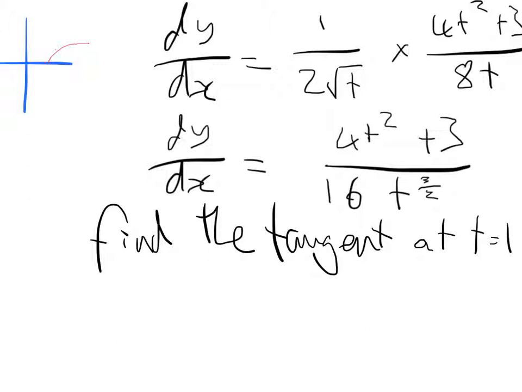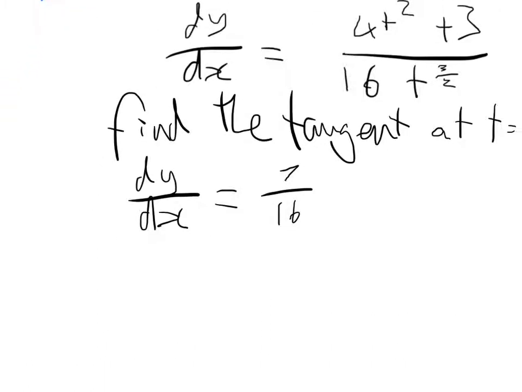We've differentiated it already. We'll substitute that into the differentiated function, and so we'll find that dy over dx equals 4 lots of 1 squared, which is 4, plus 3 is 7, over 16 times 1, which is 16. So we've got 7/16, and so that's our gradient.